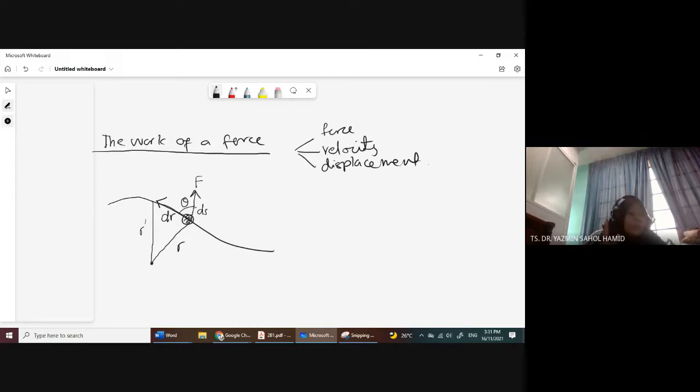But however, what we need to do first is define the work of a force. Especially a force F, if you can see here.